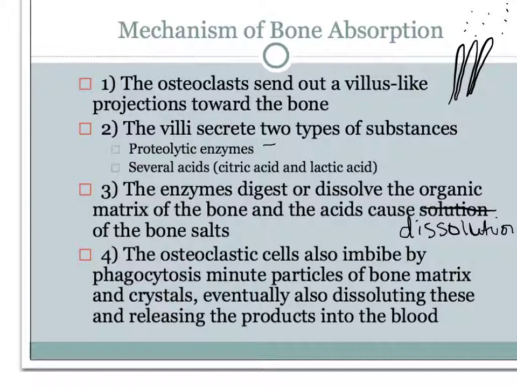Then your osteoclastic cells will use phagocytosis and will eat those smaller particles of bone matrix and crystals, and eventually those will release the products into the blood, which will cause your calcium levels to rise inside your blood.